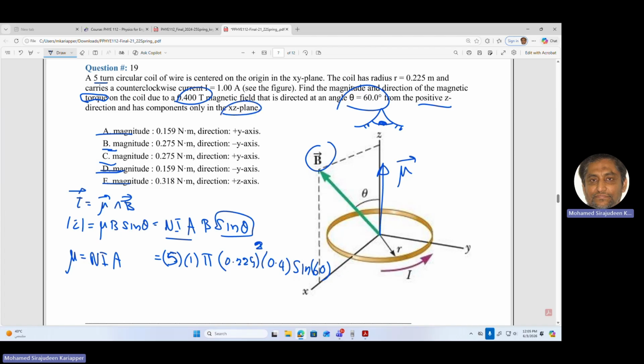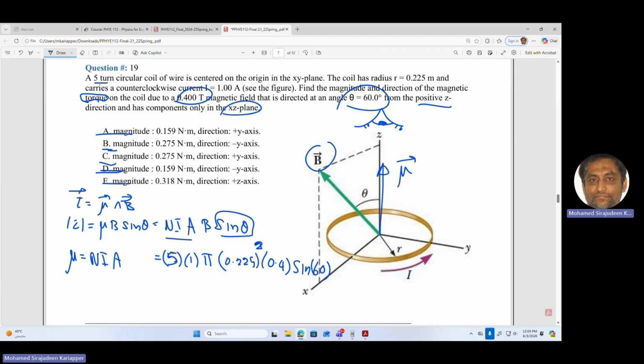So it is in the XZ plane. There's no component in the Y direction. That means the mu-B plane is perpendicular to Y, right? So the direction of mu cross B must be either positive Y or negative Y.